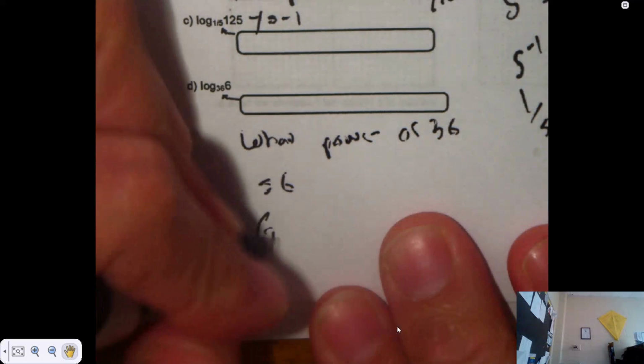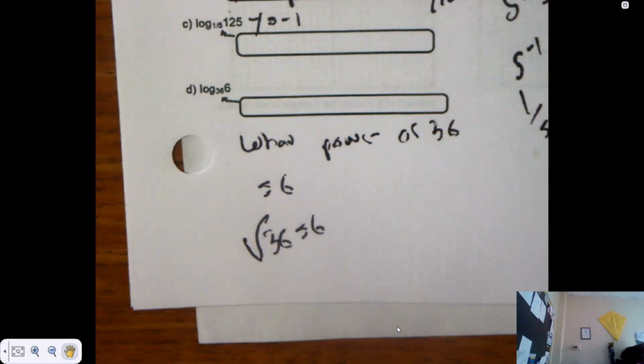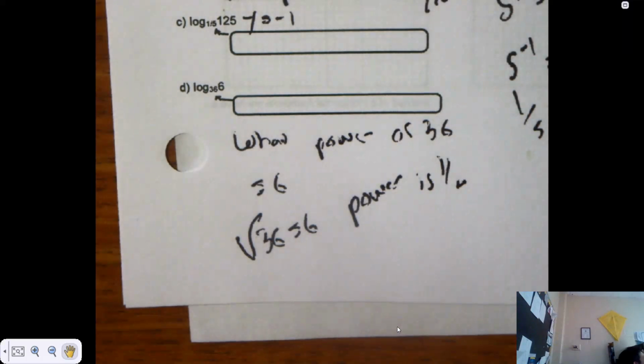The square root of 36 is 6. 1/2. The power is 1/2 because the square root is the half power. And I'm not going to write that out and solve it by hand. But if a kid will learn how to read a logarithm and actually try to understand what it's asking, they'll do a lot better than a kid who just punches buttons on a calculator all day long. They will.